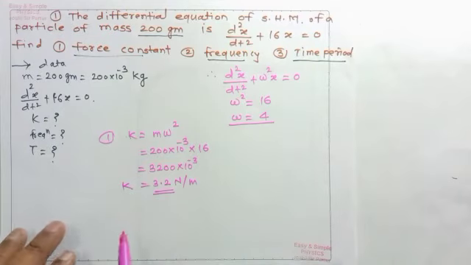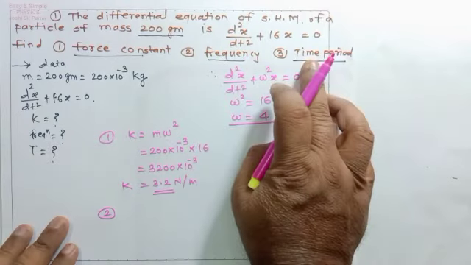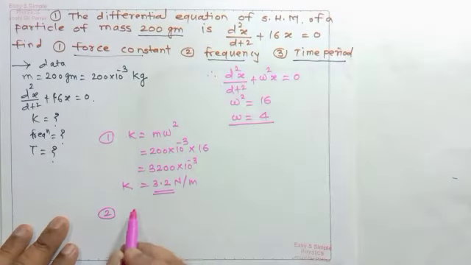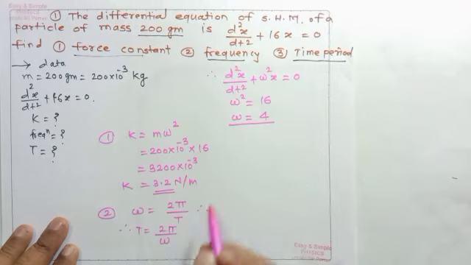The second question: we can find frequency or we can find time period. We know that omega equal to 2 pi upon capital T. Therefore capital T is equal to 2 pi upon omega.